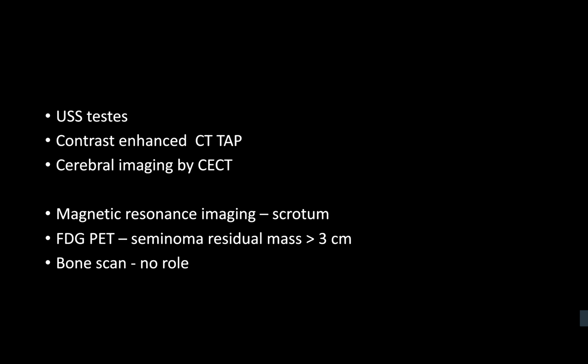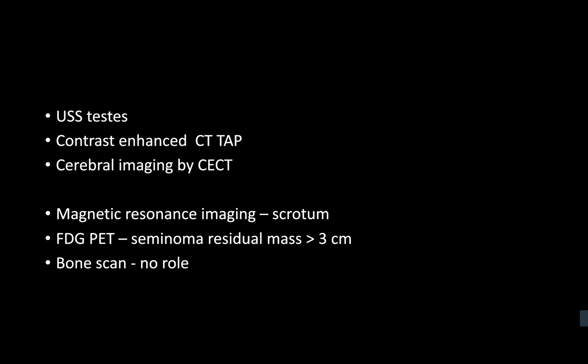And will you do any imaging for the brain, like any CT scan or MRI brain? Not routinely. According to the EAU guideline 2021, brain CT is indicated if the patient has symptoms like headache or a neurological symptom, or if the patient has widespread metastatic disease, especially with multiple lung mets and/or a very high level of human chorionic gonadotrophin, because we know that most of the brain mets happen with choriocarcinoma mainly.